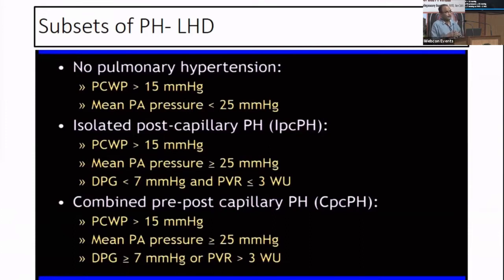You can have combined post-capillary and pre-capillary pulmonary hypertension, wherein you have a raised diastolic pulmonary gradient, and this particular definition actually has been introduced as late as about 3 years ago, or it may be associated with only elevated pulmonary vascular resistance.